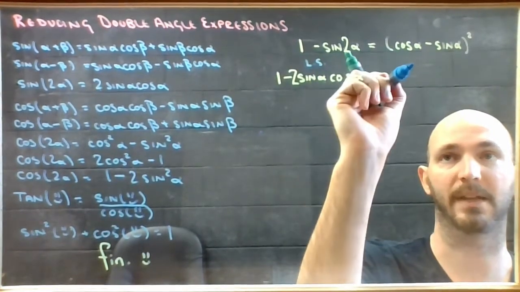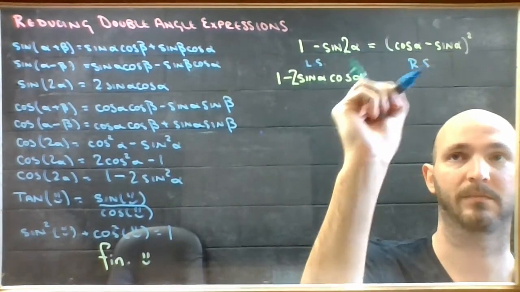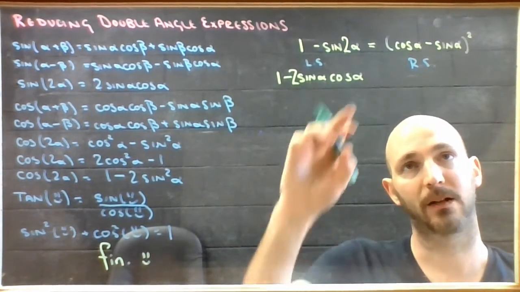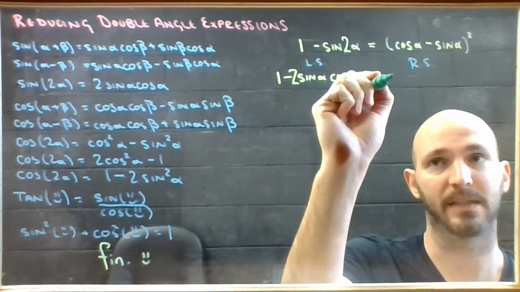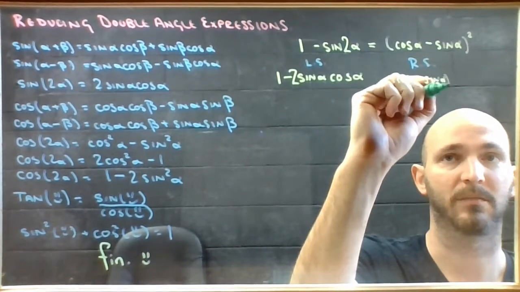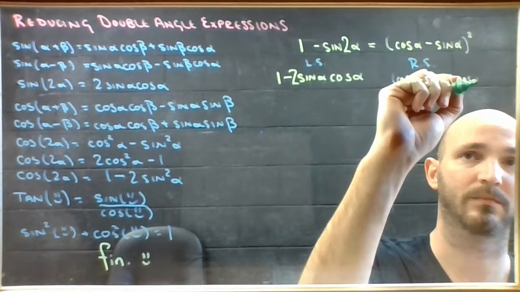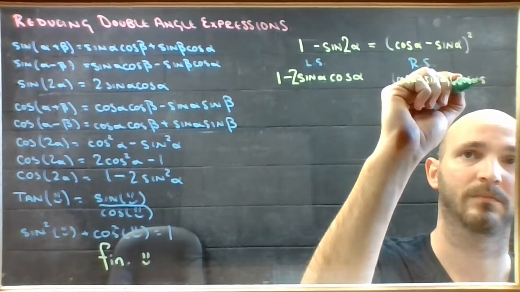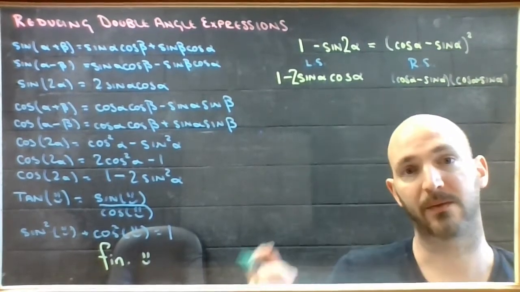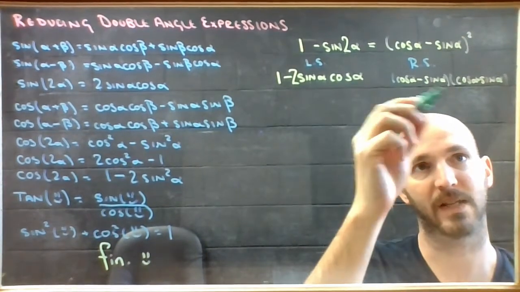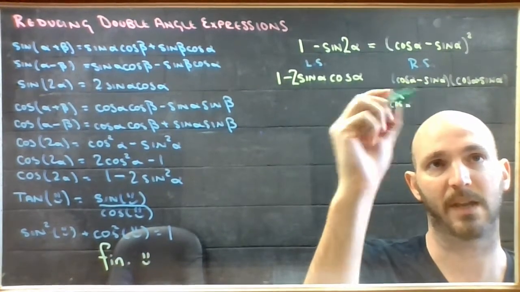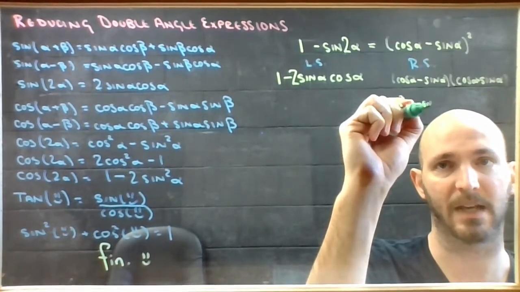I'm going to work on the right side over here a little bit. When I have a thing squared, that means it's the thing, cos alpha minus sine alpha, multiplied by itself. So I'm going to have to FOIL this. So cos alpha times cos alpha is cos squared. Cos times minus sine is minus sine alpha cos alpha.